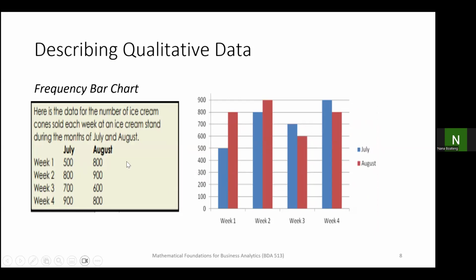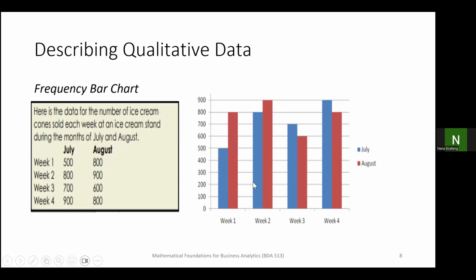So let's say for week 1 in July, we counted 500 ice creams as compared to August, which was 800. So in terms of count, you will see that week 1 is showing 500, and for August it is showing 800.